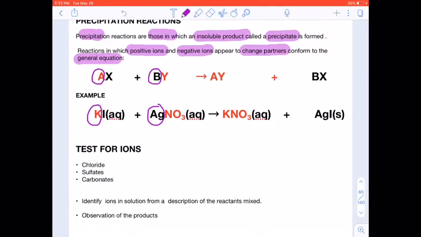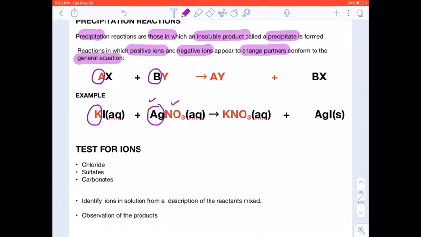So you'll see that K and the anion related to K is I negative. Here you've got Ag and the anion related to that is the nitrate ion.